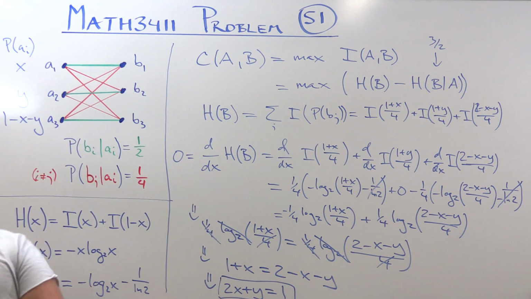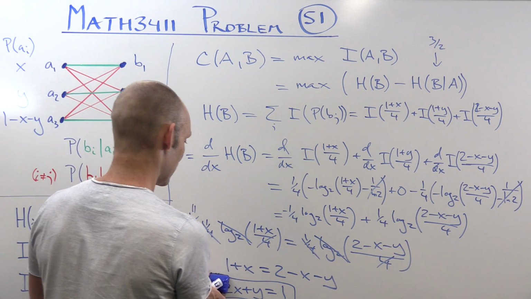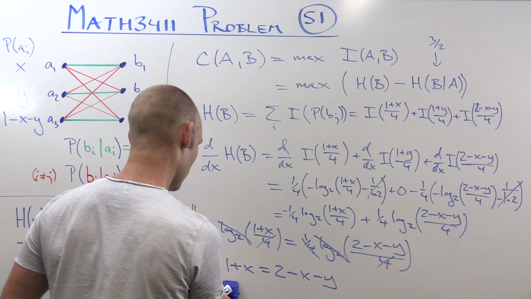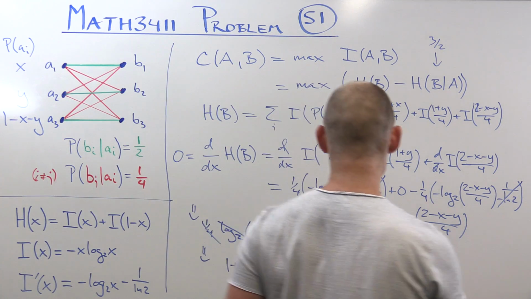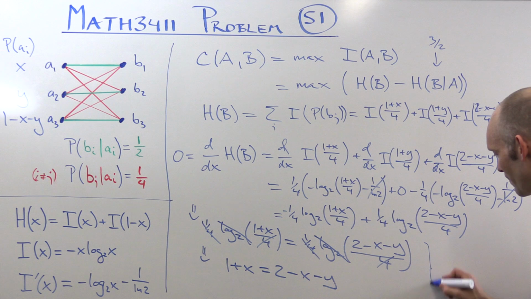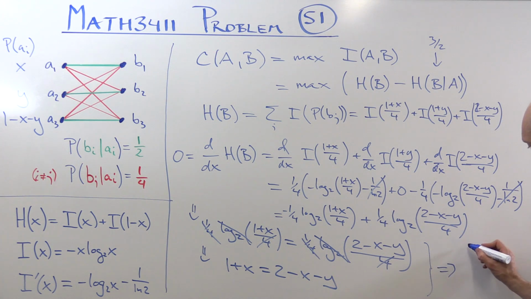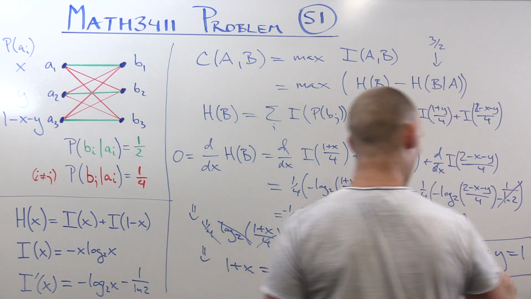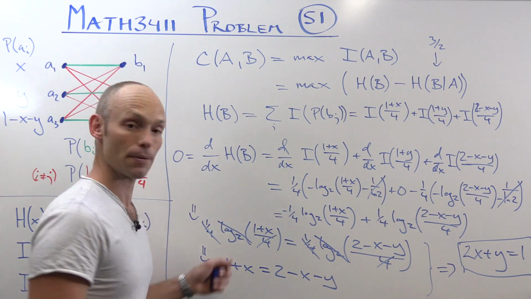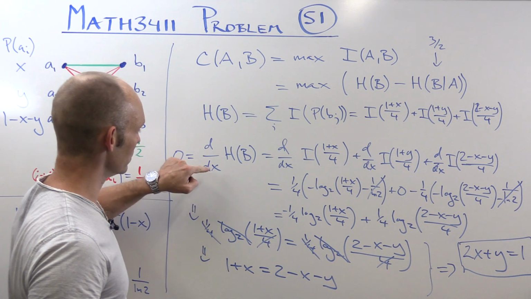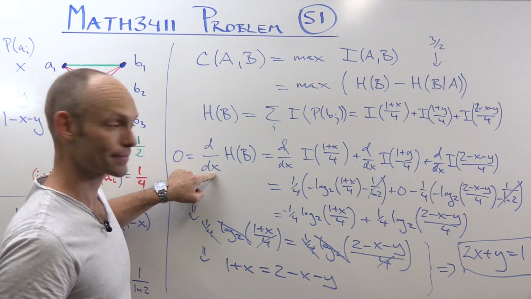Okay, that was a lot of work just to get that equation, that fact there. So I'll just write it over here. So 2x plus y is equal to 1 was the conclusion. Now, that's if we differentiated by x.